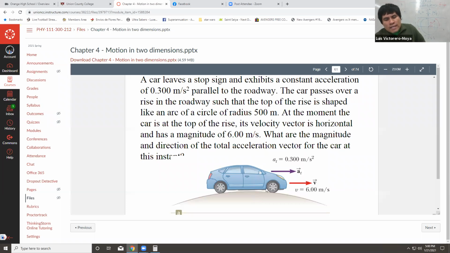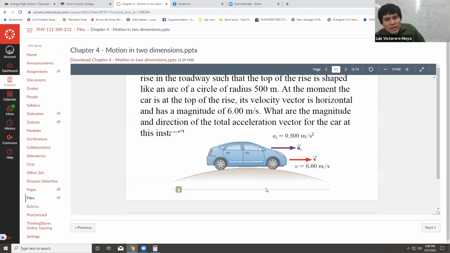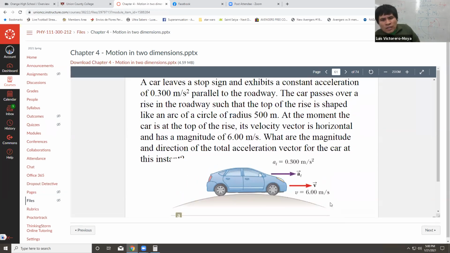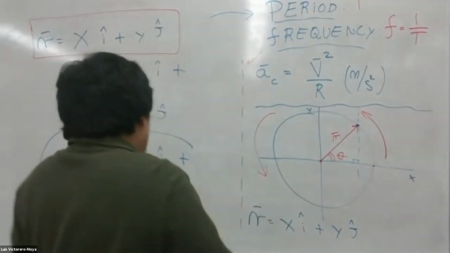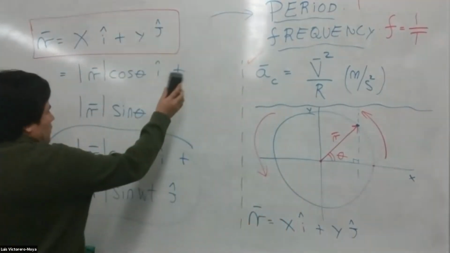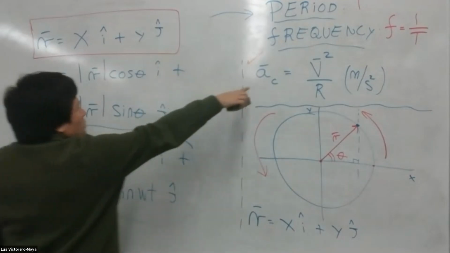So this one is not that difficult though. This one is just following what you had in the previous slide. You have the tangential acceleration, you will have the radial acceleration, so you can find the total. So let's use the equations for centripetal and tangential acceleration.